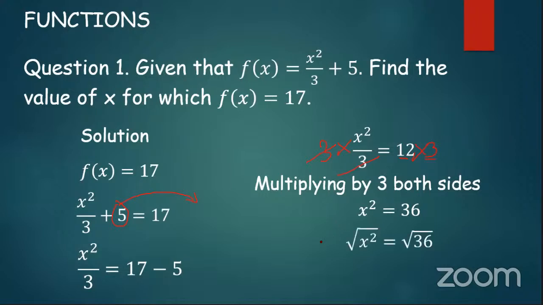So taking the square root both sides, this square on x will die with the root and we will remain with x. Okay, Mulunji, you have something to say?